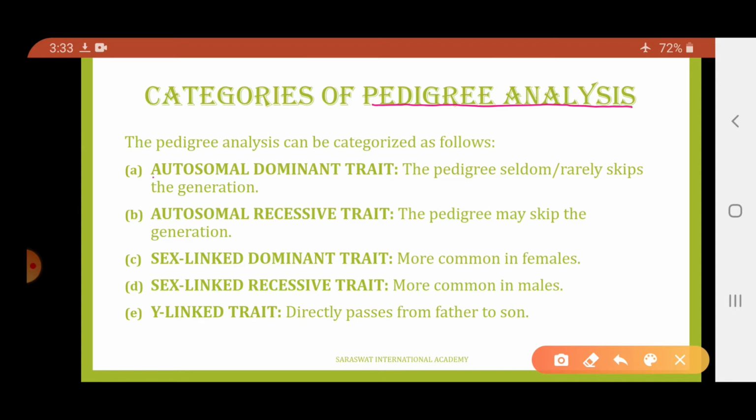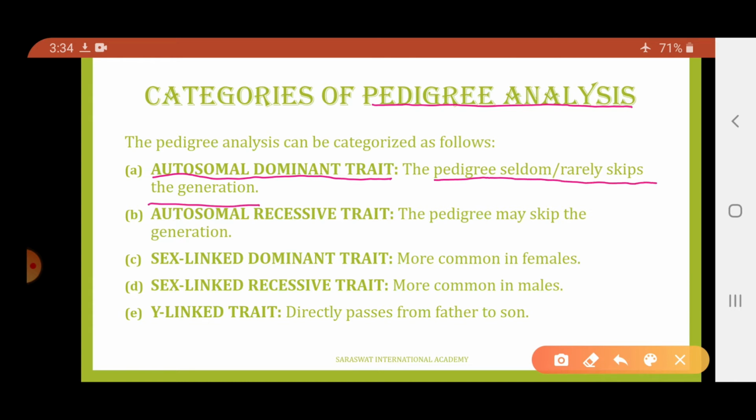So which are those? So first is the autosomal dominant trait. So autosomal, that is what is affected? Autosomes. Now we know that autosomes are similar for all males and females. So each and every individual may be affected. Dominant, that is which gene is affected? It is the dominant gene. So basically if we study the inheritance or the pedigree of this type of disease, this pedigree rarely or seldom skips the generation.